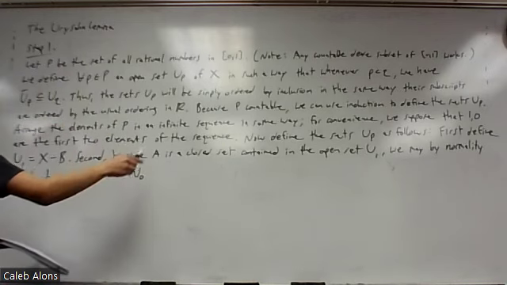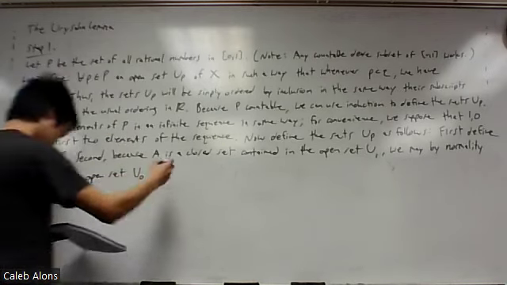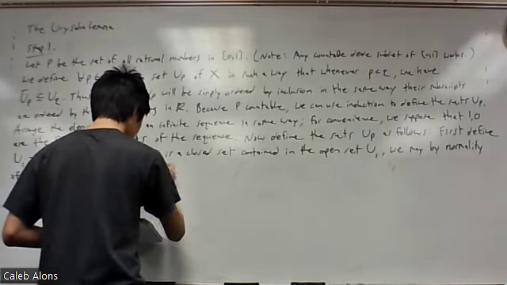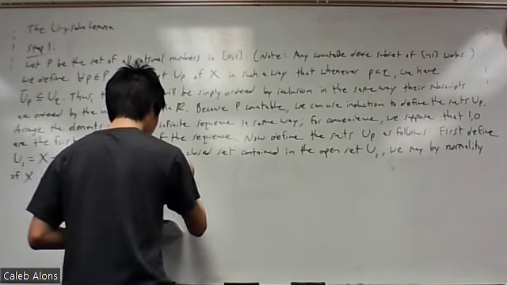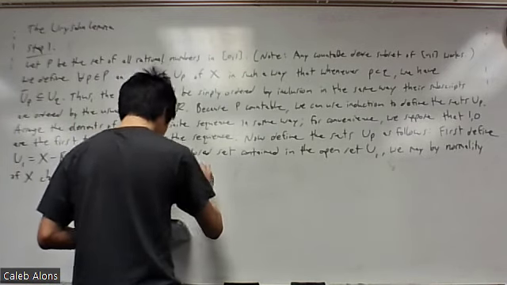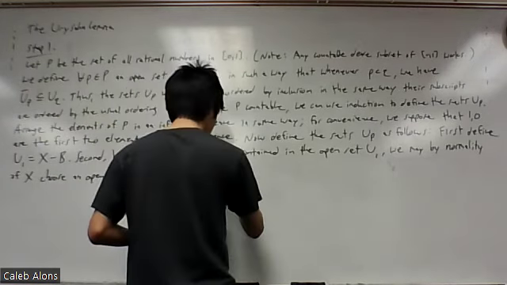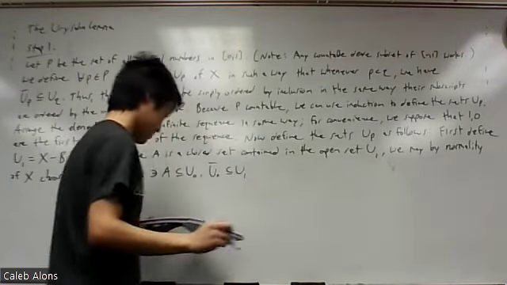So the first two rationals in the sequence are 1 and 0. Choose U0 such that the closed set A is a subset of U0, and we want the closure of U0 to be a subset of U1.